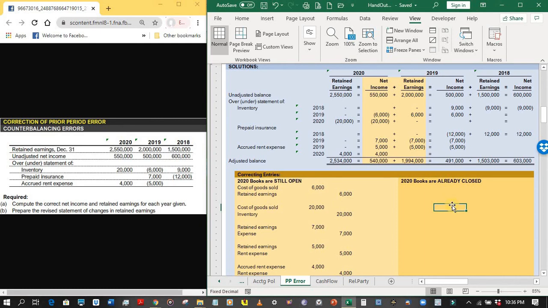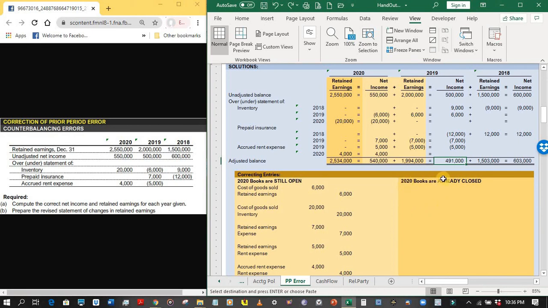So that is why our correcting journal entries based on our table will be coming from this column, the last column for retained earnings in 2020. By looking at this column, we only have two adjustments, the 20,000 pesos and 4,000 pesos.